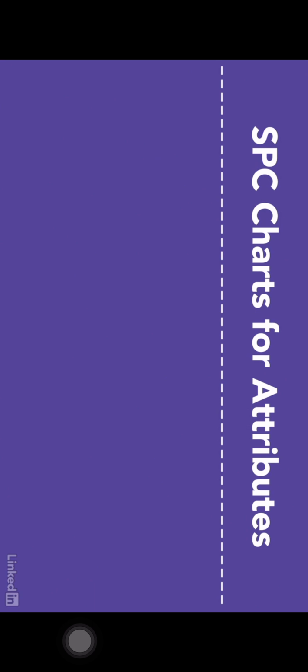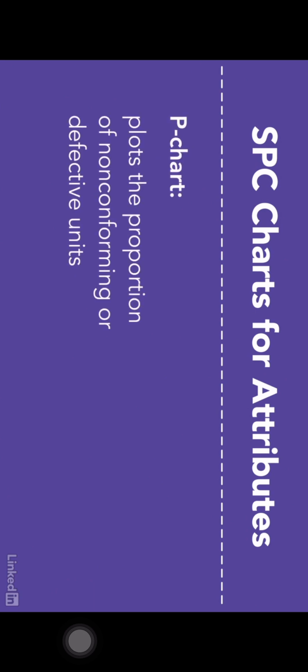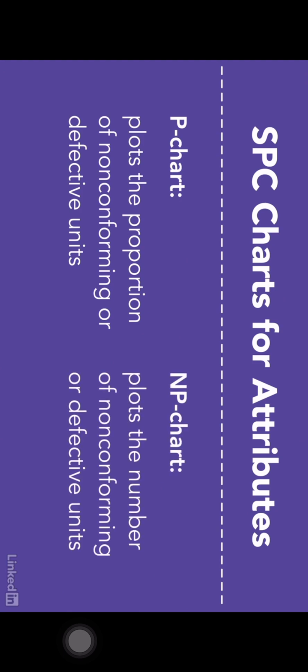So SPC charts for attributes are proportion or P charts, which plot the proportion of non-conforming or the proportion of defective units. For example, proportion or percent of invoices processed incorrectly. Next is the NP chart, where the number of non-conforming or number of defective units are plotted.